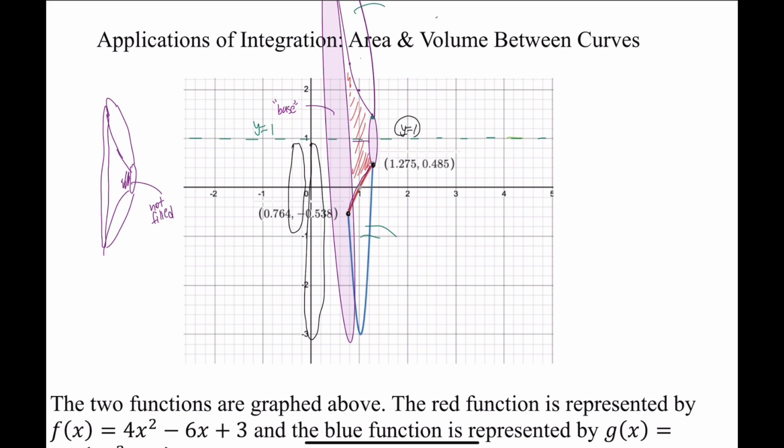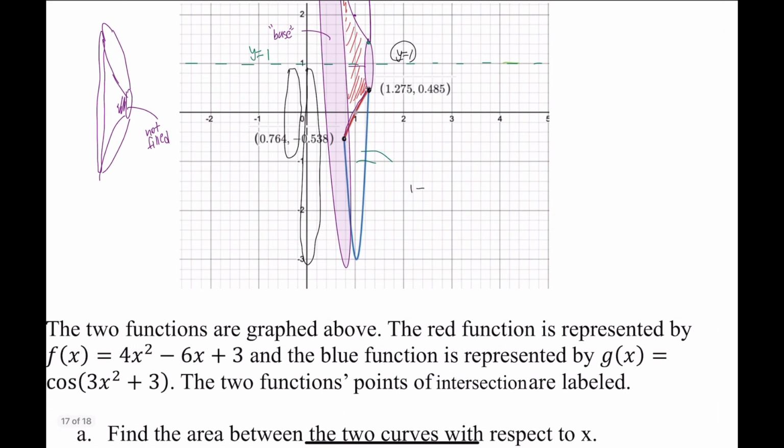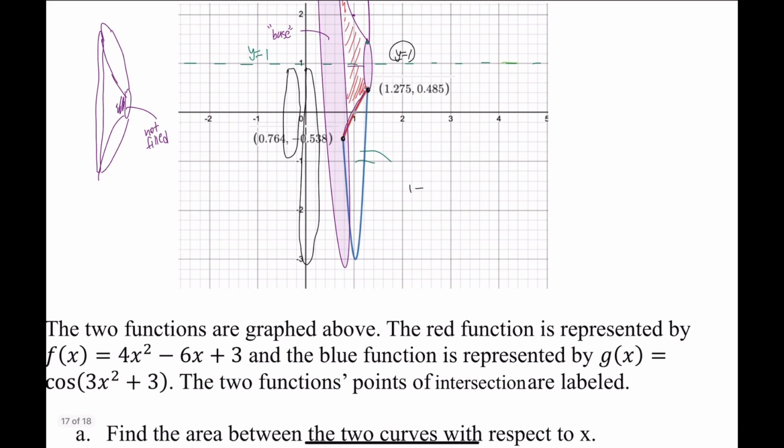So the outside function would be 1 minus whatever this blue line is, right? So the blue line is cosine 3x squared plus 3, right? So we're going to square this whole thing.